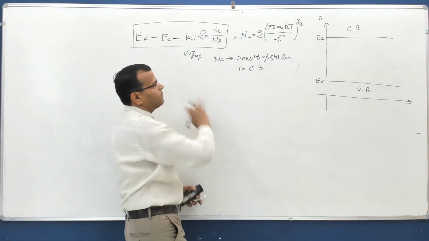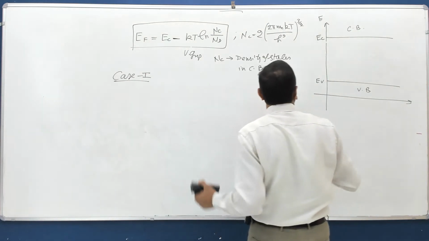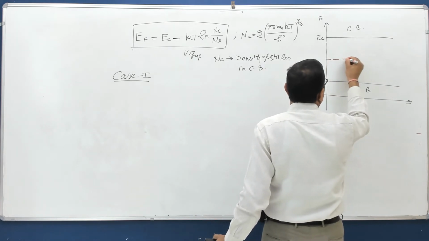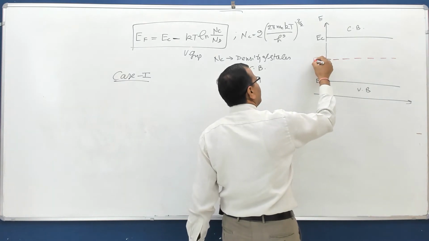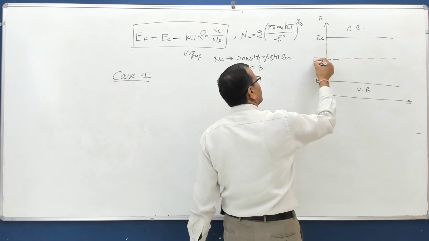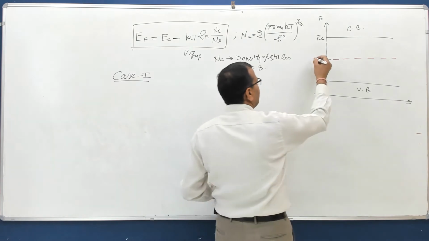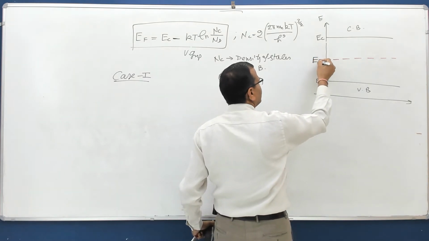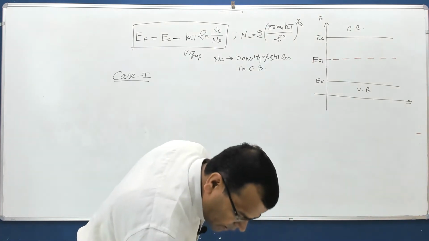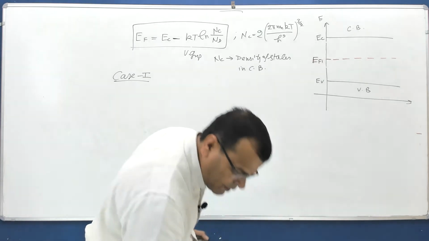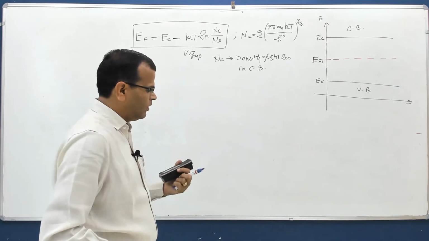First of all, if you see this expression, remember, in case of intrinsic semiconductors, that was Fermi level at the center of the energy gap. I'll rewrite that, that is EF intrinsic, that is intrinsic Fermi level. Now in case of n-type semiconductors, the Fermi level is not fixed.